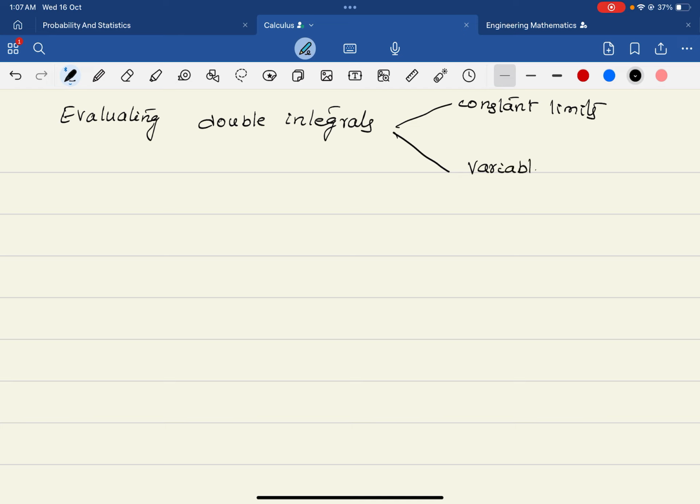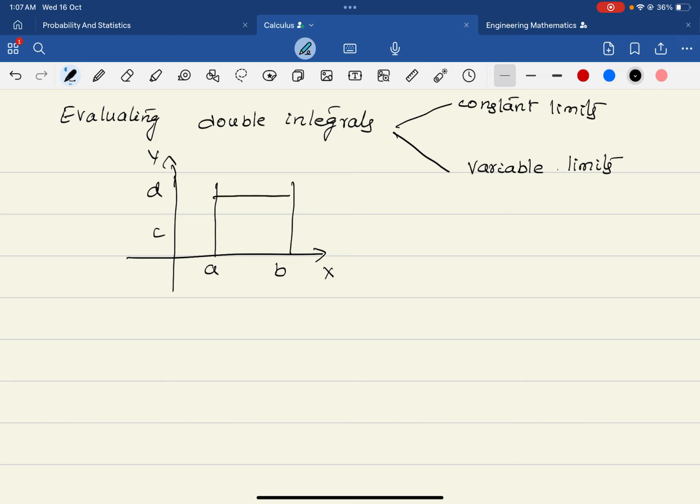So what are the constant limits? As I told you, on the x and y axes, suppose x is from a to b and y is from, let us say, c to d. Then the region we define is a to b like this, and c to d is this.